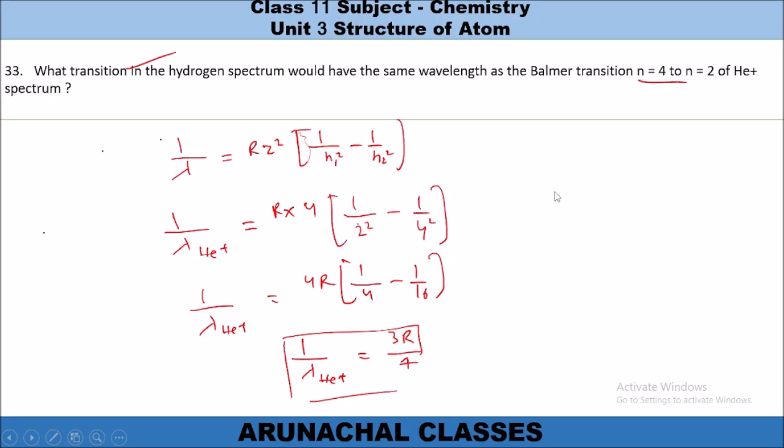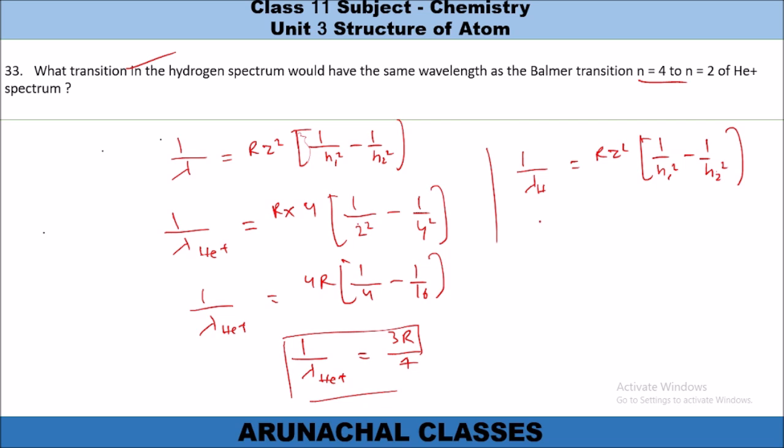Now what about for hydrogen? 1 upon lambda for hydrogen equal to R Z square, bracket 1 upon n1 square minus 1 upon n2 square.